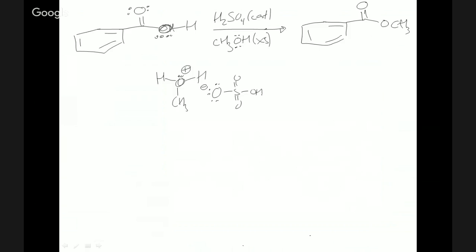So the cool thing here is that although we have a carboxylic acid proton that I've circled there, its acidity is about 5. So what we're going to see here, pKa of 5, and this here has a pKa of negative 2.5, give or take.